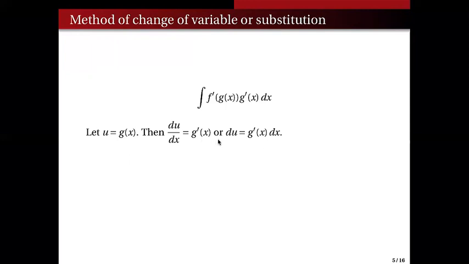Or this du, if you think of du and dx as differentials, therefore you can separate them. Meaning the du will be equal to g prime of x dx. So what is this?